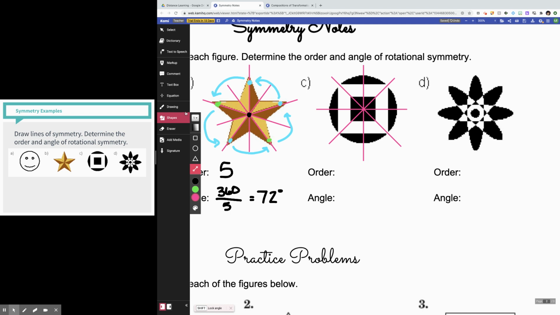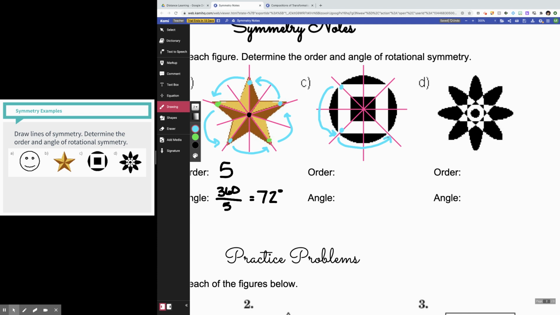That's kind of our limiting factor in how many lines of symmetry we have. So now let's think about the order of symmetry. Again, you have your point in the middle that you're rotating around, which you can see here in pink because of where all my lines intersected. Let's say I'm going to track this corner point right here. I can take this and rotate it along this line until that point ends up down here.